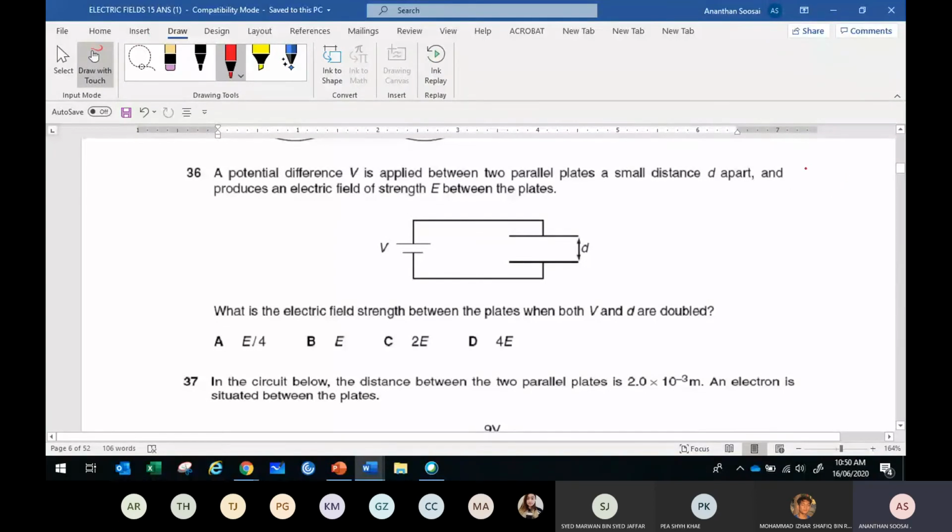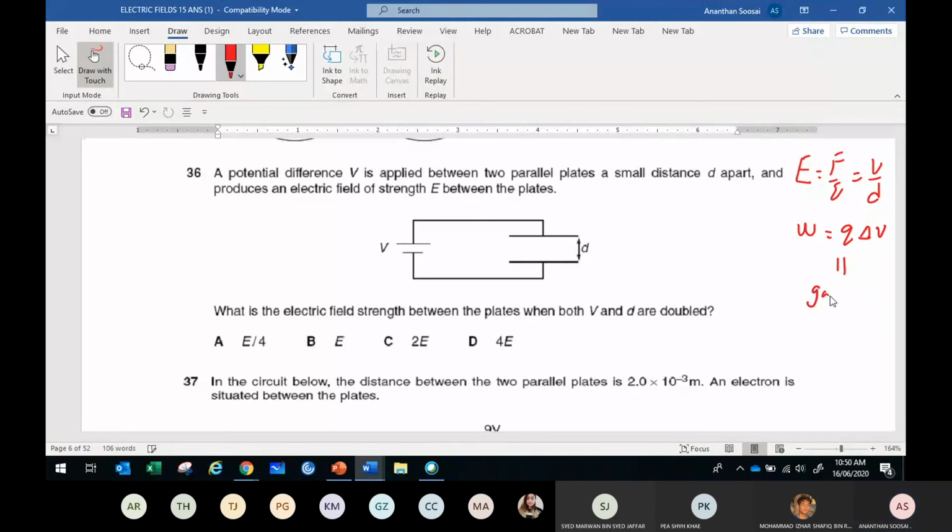The only formulas you learn in this topic are electric field is F over Q, V over D, and work done across the plate is Q times the change in V. The work done is the same as the gain in EP. Sometimes it could be the same as the gain in EK also.